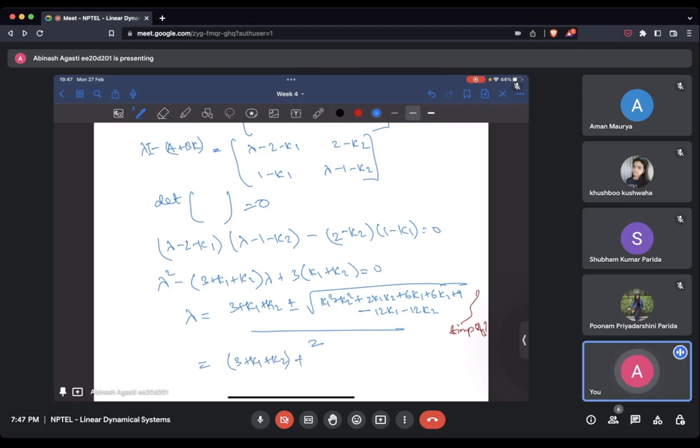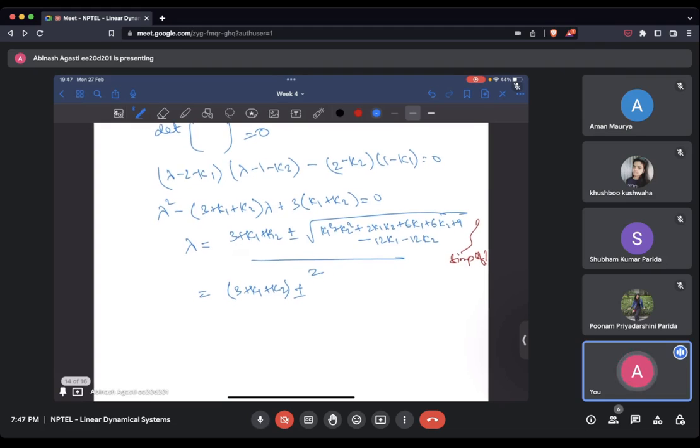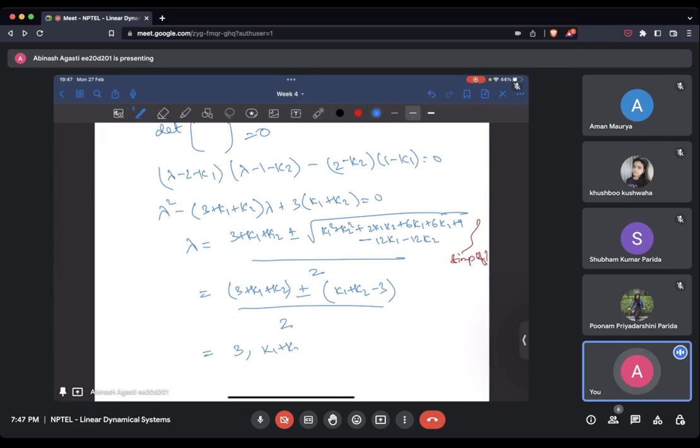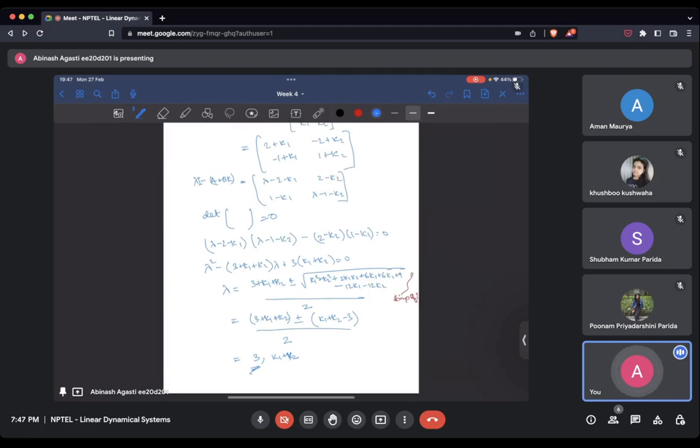You can verify that since you just change minus, like plus 6k1 plus 6k2 minus 12, it will become minus 6k1 minus 6k2. So this can be written as k1 plus k2 minus 3, by 2. So this means there are two possible eigenvalues. One is 3, the other is k1 plus k2. So this first eigenvalue does not depend on k1 and k2. And that is what we wanted to find out.